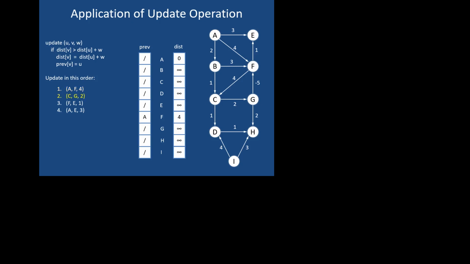Now, what about CG2? Currently, the shortest path we know to G is of length infinity, because we don't know a path. And currently, the shortest path to C is infinity as well. So what's going to happen when we try to update that edge?